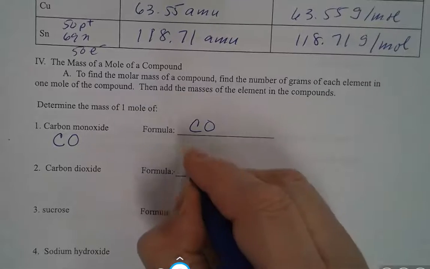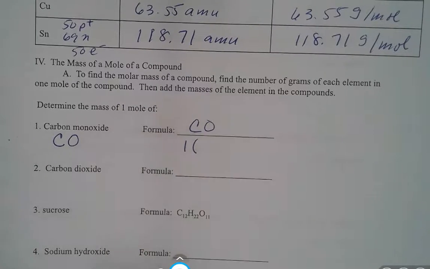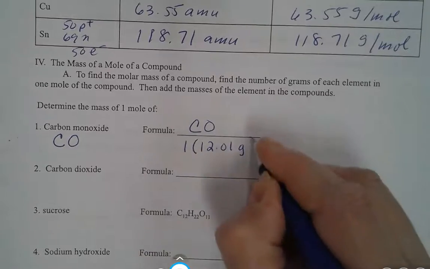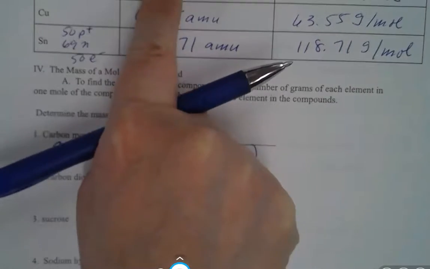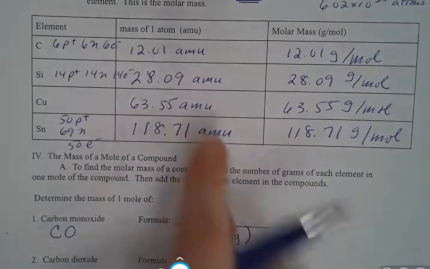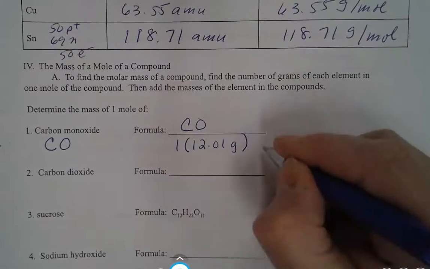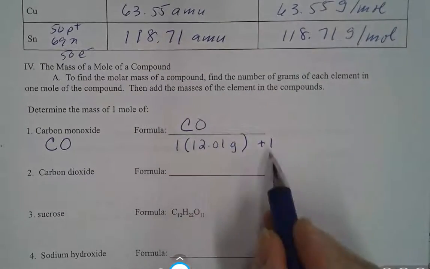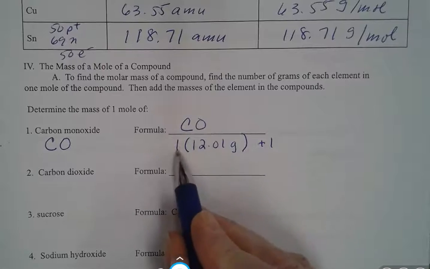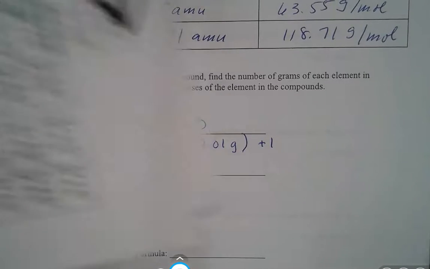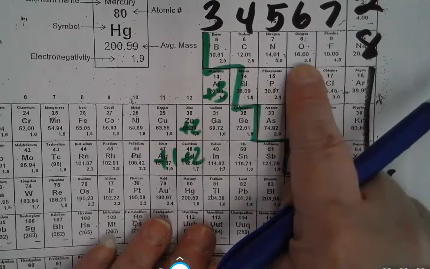So watch what I do. I have 1 carbon, and each carbon was 12.01 grams. Where did I get that? Oh, that's up here. Here it is, 12.01. But what about oxygen? I have 1 oxygen in my formula. These numbers represent the number of atoms of each element in the formula. Here's oxygen. What is its mass? It's 16.